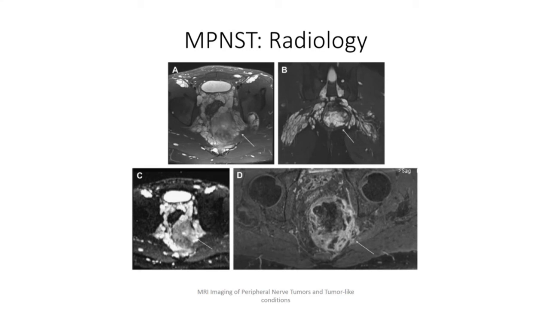Just like we were saying before, this is also a case of plexiform neurofibroma on B with what looks like a larger component that has some of these concerning radiological findings. So this is probably an MPNST that has arisen from these plexiform neurofibromas in the lumbosacral plexus in a patient with NF1.